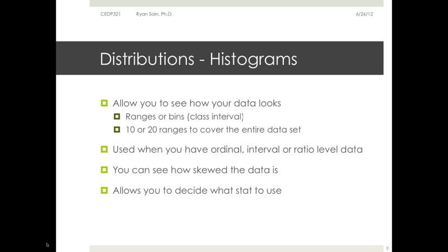And the problem is that most of our data is not parametric, so we have to reconcile that issue. The first step in reconciling that is making sure that you actually look at your data and find out if it's normally distributed or not. And then you can make some decisions from there. As I've talked about before, one of my pet peeves is using the wrong statistic with the wrong data set or the wrong distribution.